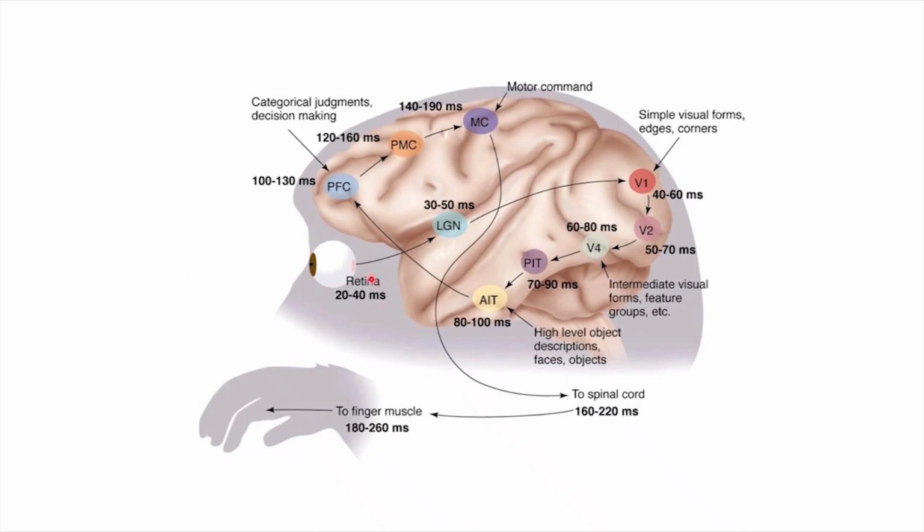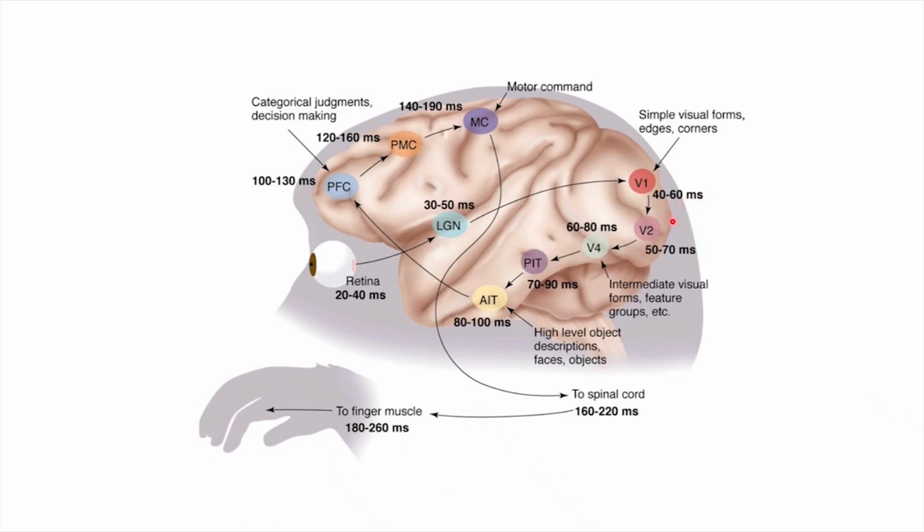Then the signal from the retina goes to the thalamus, a part of the thalamus called the lateral geniculate nucleus, LGN. And then the signal goes to the back of the brain, in the visual cortex. The signal is first processed in V1. So by this time, 40 to 60 milliseconds have already passed since the light came on the retina.